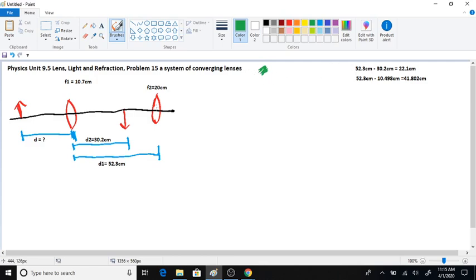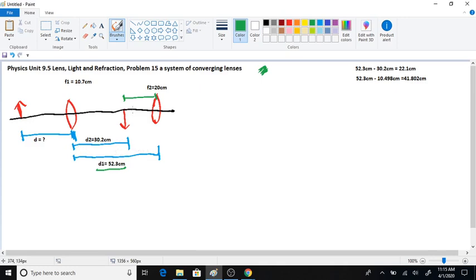So we start with this. This is our final image. Okay, so that's DI. So we need DI. Well, which numbers are these? DI is the distance to the optical element. That's this right here. We know from here to here is 52.3, and here to here is 30.2.